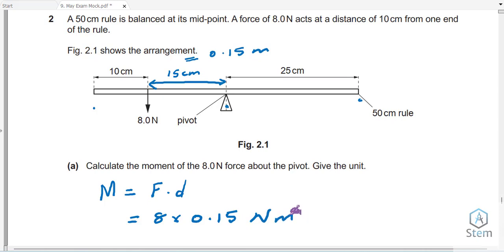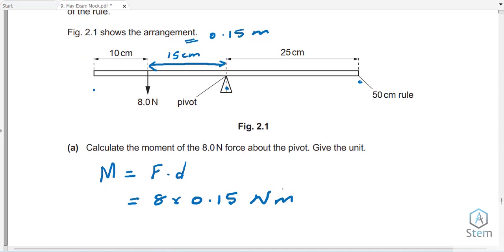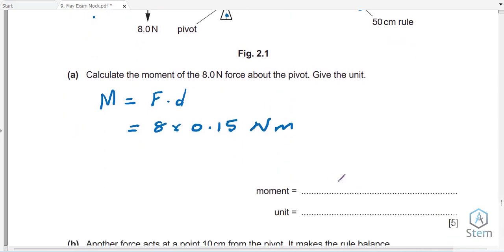And that gives us 1.2 Newton meters. That's going to be our solution.